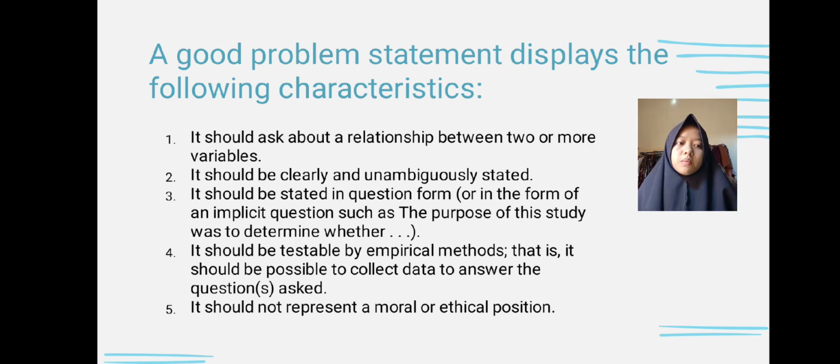Then, it should be stated in question form or in the form of an implicit question, such as: the purpose of the study was to determine whether... And it should be testable by empirical methods, that is, it should be possible to collect data to answer the question asked. And last, it should not represent a moral or ethical position.